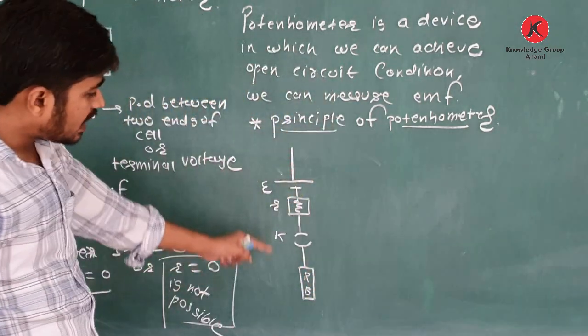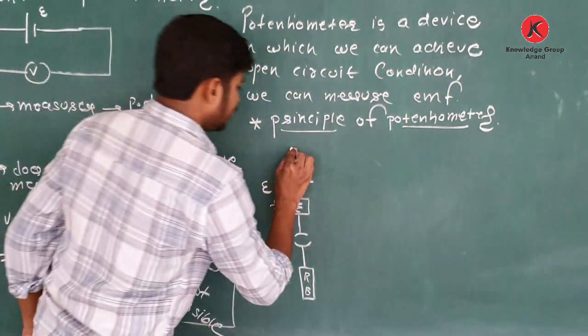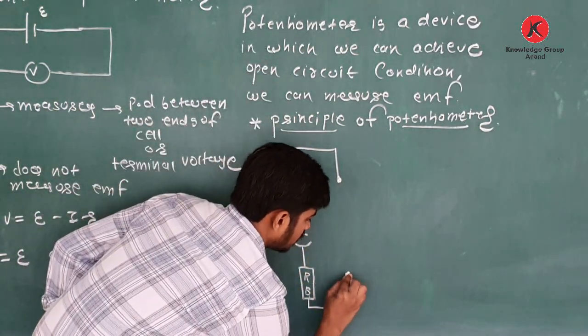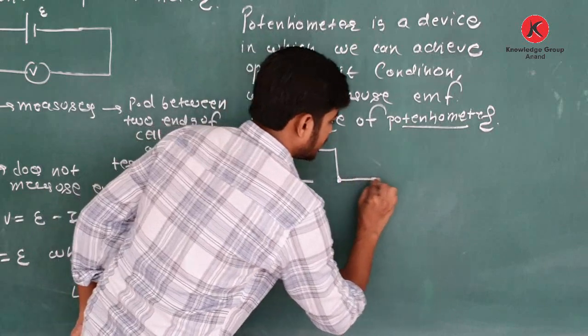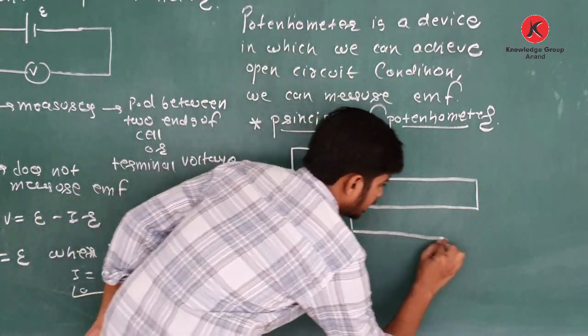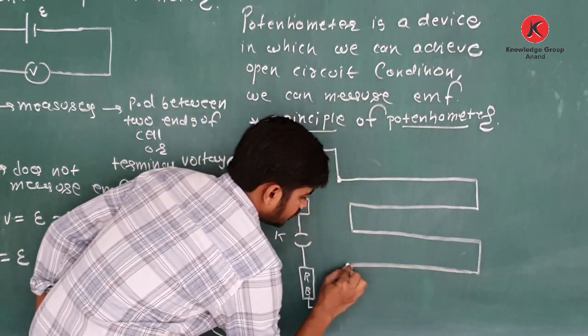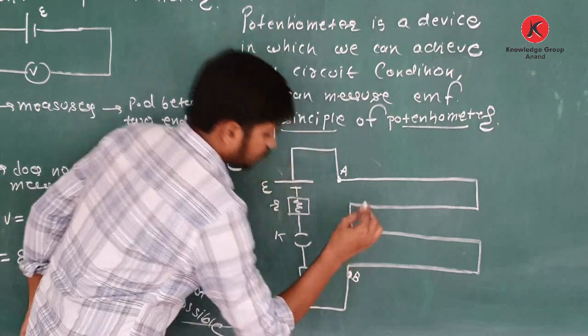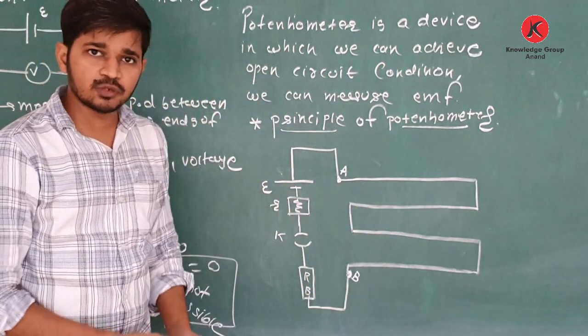Each and every element is connected in series with a potentiometer wire AB. Like this, it is the potentiometer wire AB.